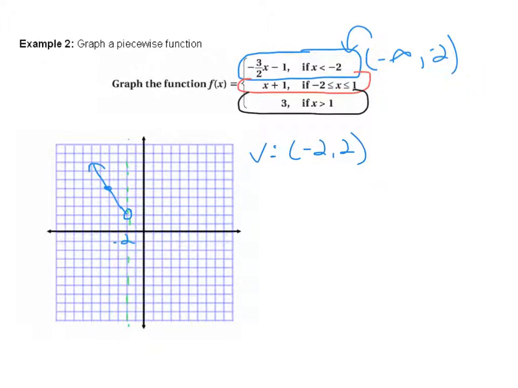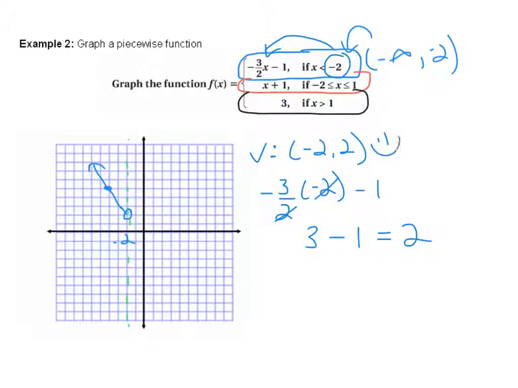I do that super easy, by evaluating my function at -2 and making sure that I get 2 back out. I plug in my x value and check that I get the corresponding y value. My 2's cross cancel, and I get 3 minus 1, which is 2. So I put -2 in, I got 2 back out. That means that starting point is correct for that graph.